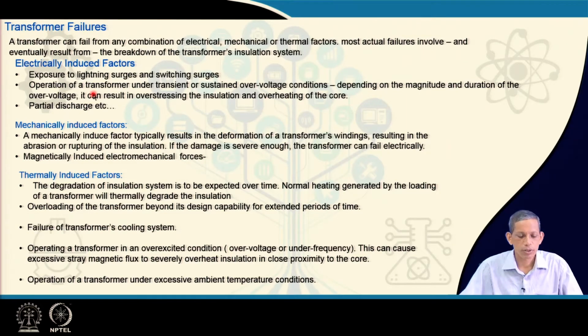Operation of the transformer under different transients or sustained overvoltage conditions leads to stress in the transformer winding, which may also lead to insulation failure. Partial discharge and the associated corona may lead to slow degradation, finally resulting in a permanent fault.